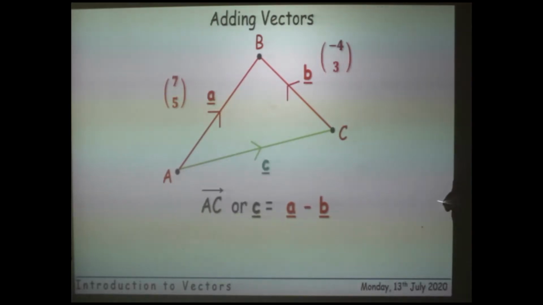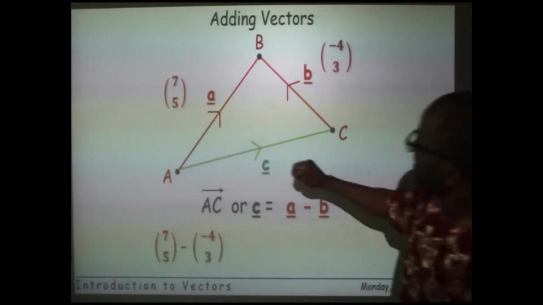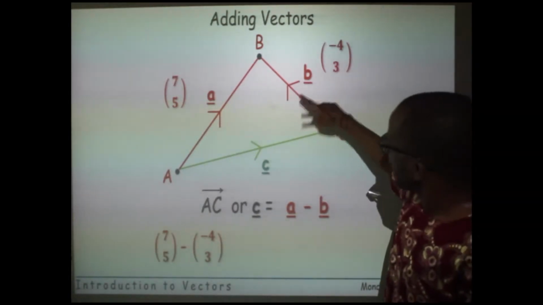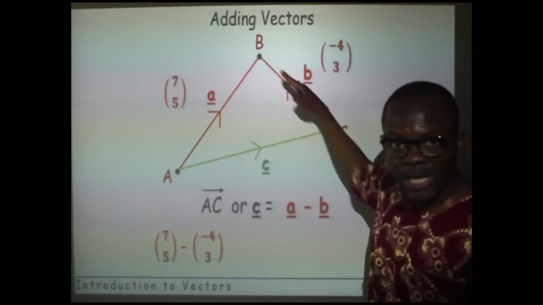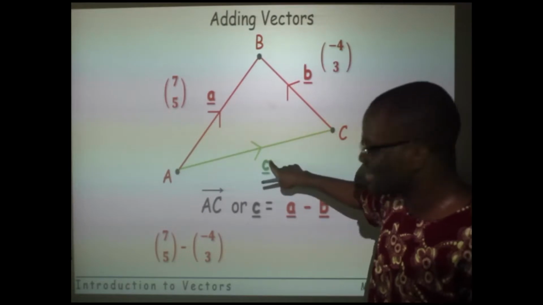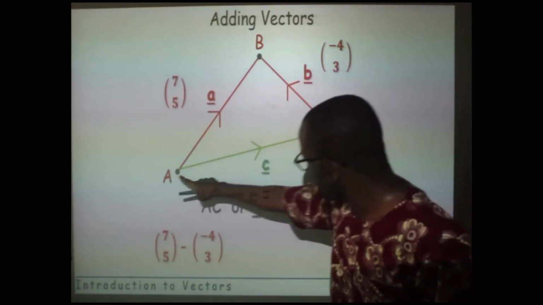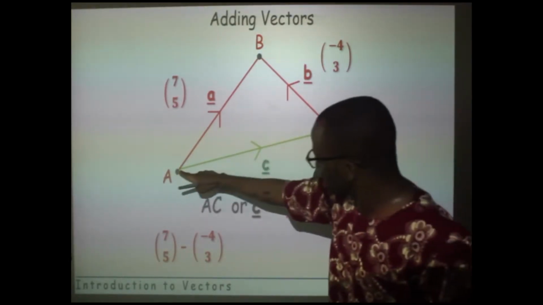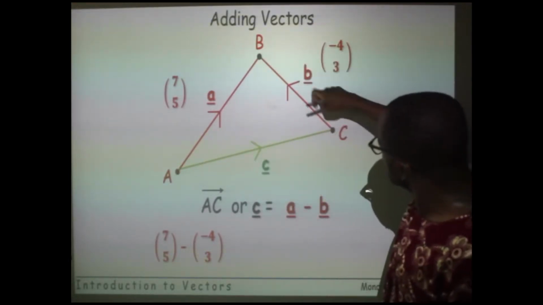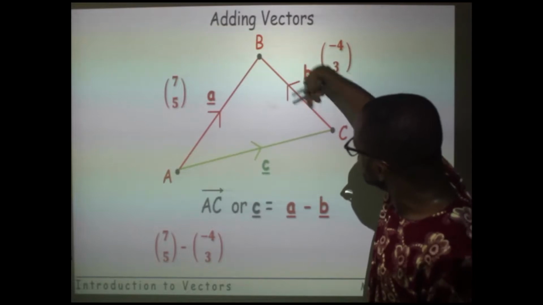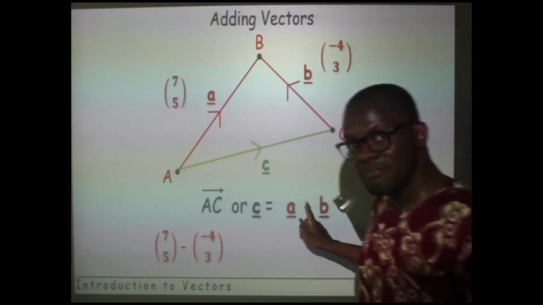Next up, here's an example. Now, be mindful of the arrows here. B is now pointed in that direction, so take note. So the vector C, of course, you go from A to C, will be from A to B and then B to C, which is going to be in that direction, minus, take note.